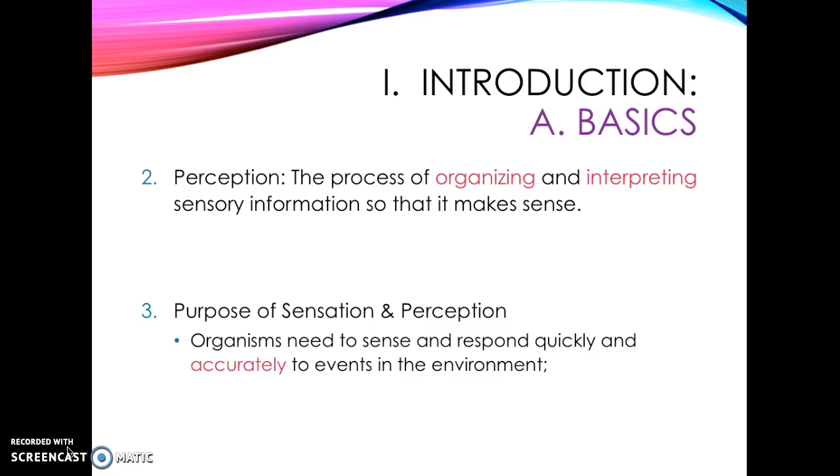So if a car's coming at you and you hear the honks and you hear the noise of this large object moving towards you, it's not good enough for you to just recognize all those sensations, but for you to be able to organize and be like, holy crap, here comes a car. I'm going to get hit by a car, and then move out of the way is really important. For you to interpret it as a large car coming towards you is what saves your life. So doing something like that can improve your chance for survival.